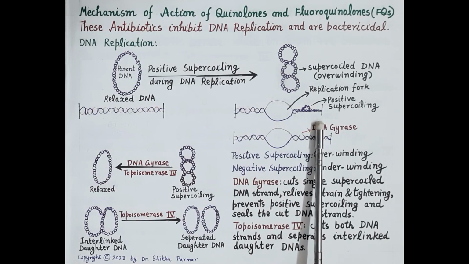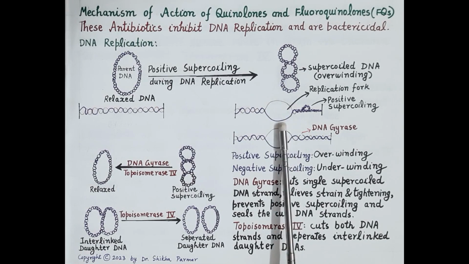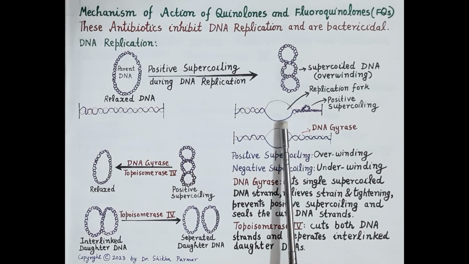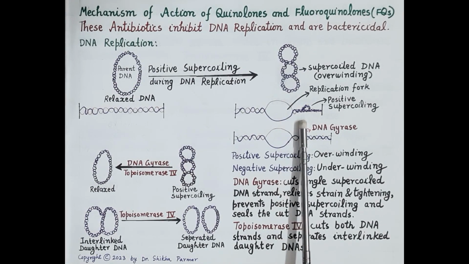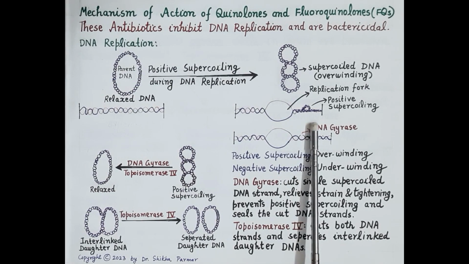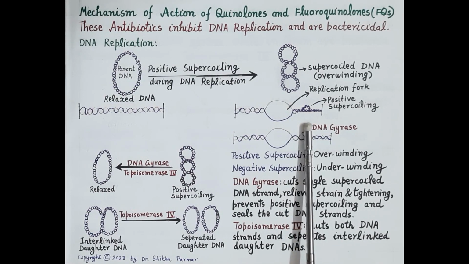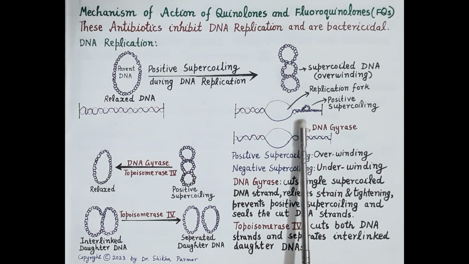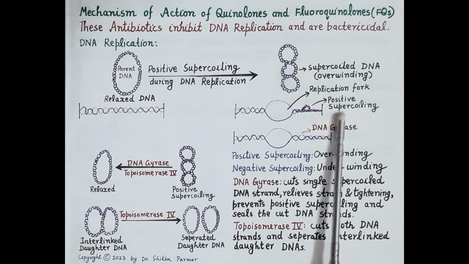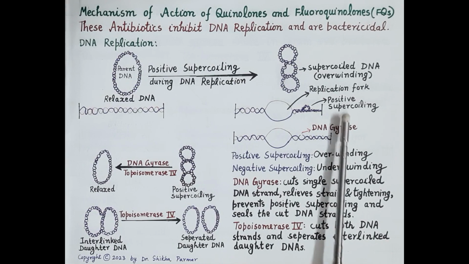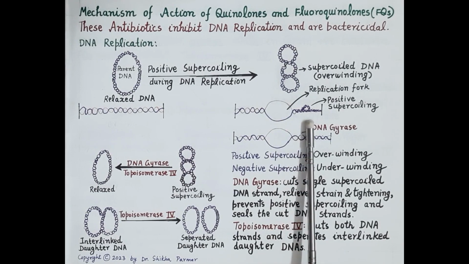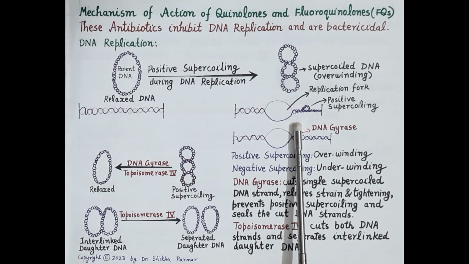Since both the ends are fixed, as it is a circular DNA, during the movement of the replication fork in the forward direction, that is during unwinding, this unwinding creates tightening and overwinding of the DNA segment in front of the replication fork, and this tightening or overwinding is termed positive supercoiling. So this positive supercoiling prevents further unwinding, prevents further separation of the two DNA strands.